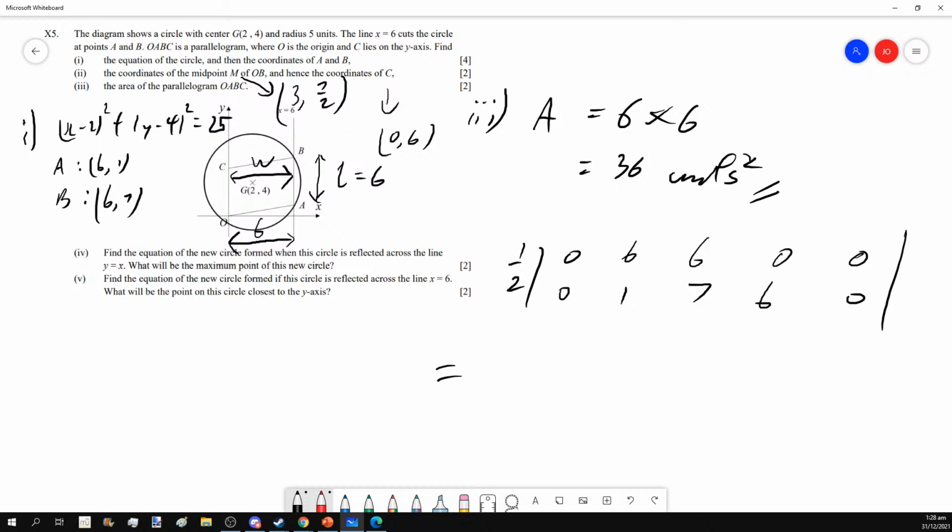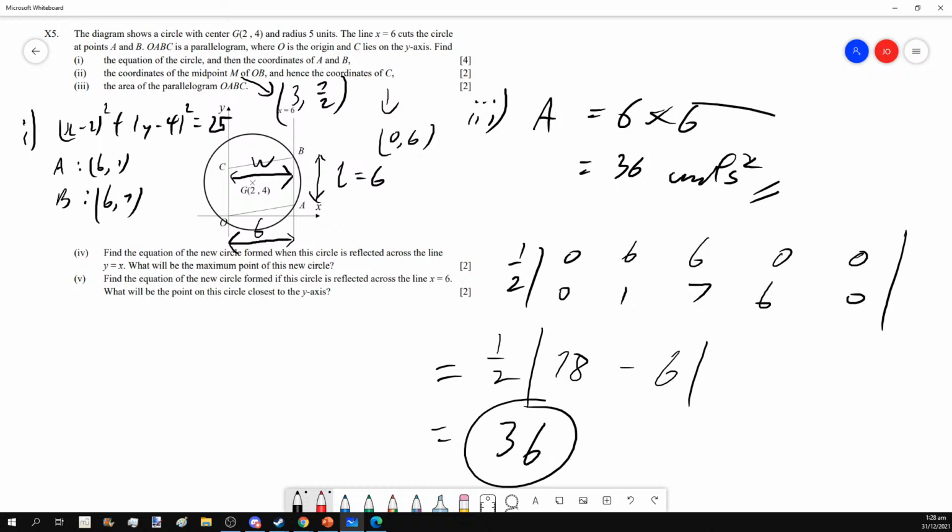In this case, let's see, we will have 0 times 1, 6 times 7, 6 times 6. This gives us 78. Then afterwards we have 0 times 6, 1 times 6, 7 times 0, 6 times 0. So it's just going to be 6, right? Like so. Add in the modulus, the chopsticks, add in the half, and this will also give you 36, which is what we got earlier.